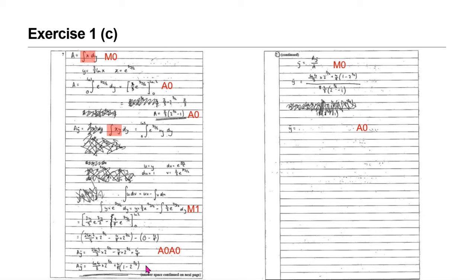but actually look at the method mark, the second method mark in the scheme. So we don't have integral of y x squared dy. The examiner's highlighted where that is not there, and that's not there in the actual integral that the candidate's integrating. They haven't squared e to the 3y over 2.